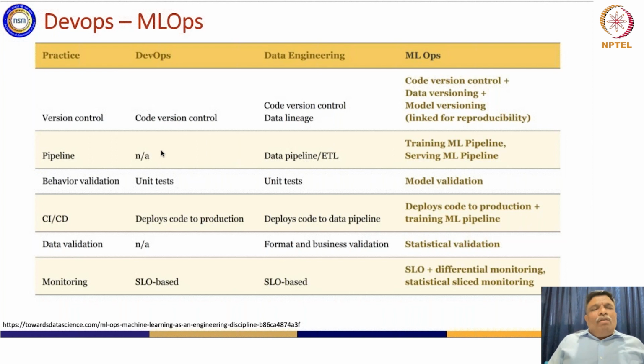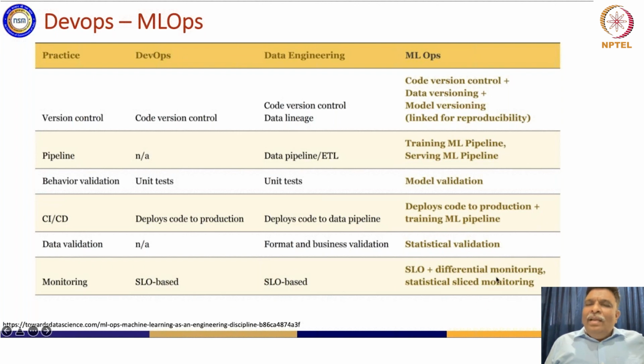And when you talked of monitoring all of these operations, in case of DevOps, data engineering, and MLOps, you use something called service level objectives or service level agreements. So monitoring was done on service level agreement types, here also.